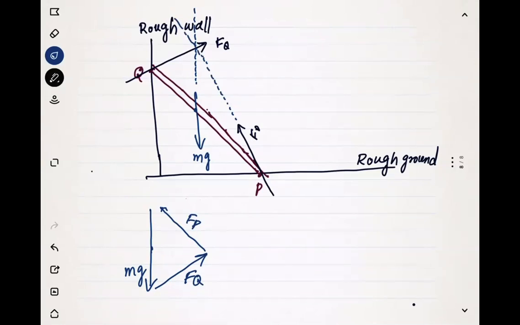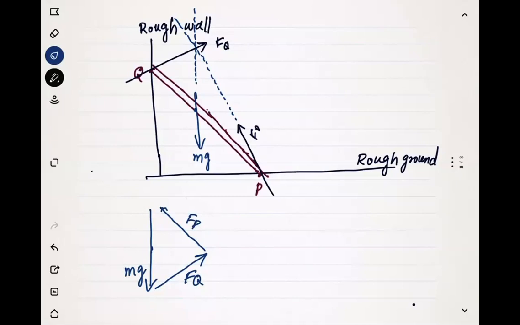So if a closed triangle is formed and the intersection is common, then the given situation is equilibrium, and the conditions are met. The first condition and the second condition both are satisfied.